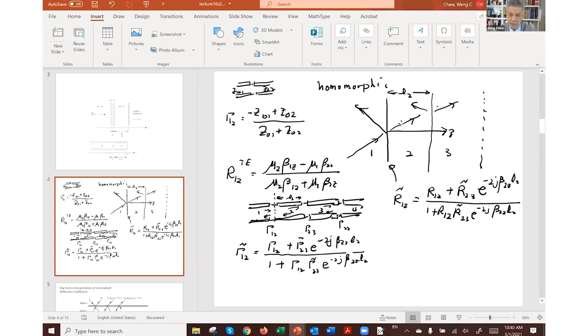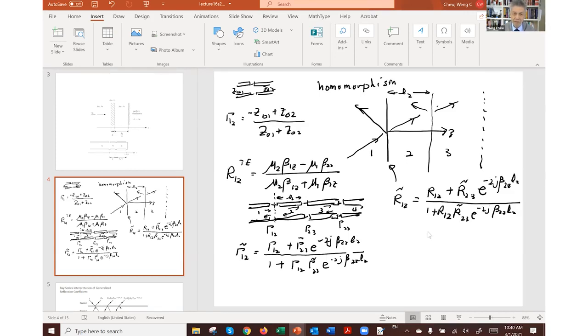So the waves from a layered medium can be solved rather easily using this concept. Are there any questions regarding this concept of using mathematical homomorphism or mathematical parallelism to solve the problem of a layered medium by understanding the wave of the transmission line problem?